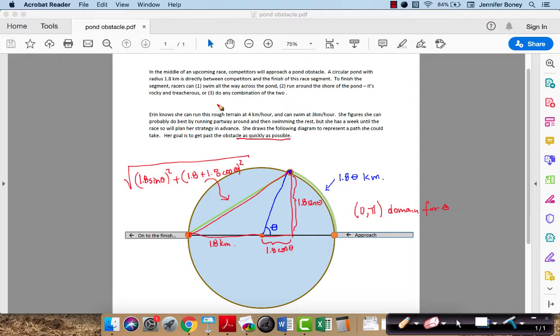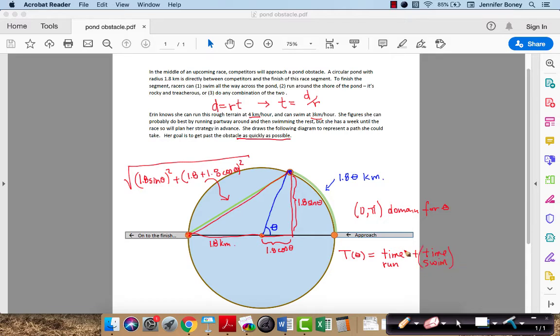So just thinking distance equals rate times time, if I convert that around, time would be equal to distance divided by rate. And we have all the distances. We have the rates. So we should be able to write expressions for time. The total time it takes her to pass the obstacle, we can write as a function of theta, but it'll be based on knowing the time that she's running plus the time that she's swimming.